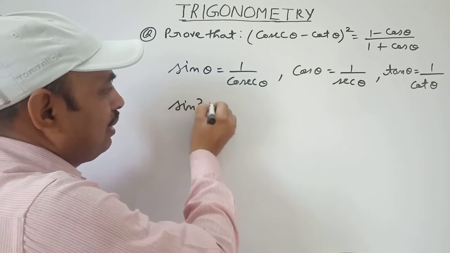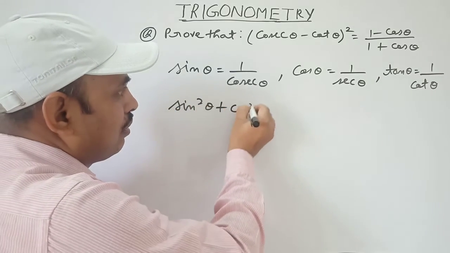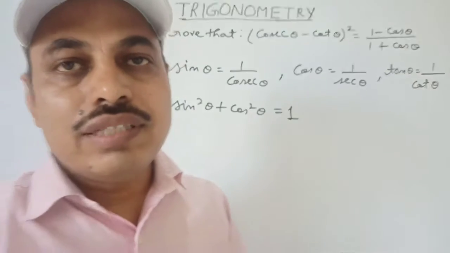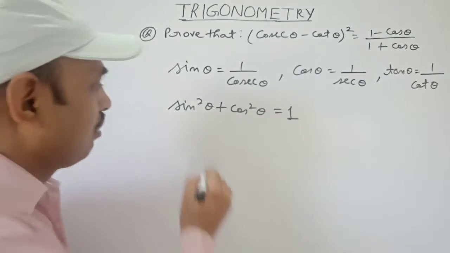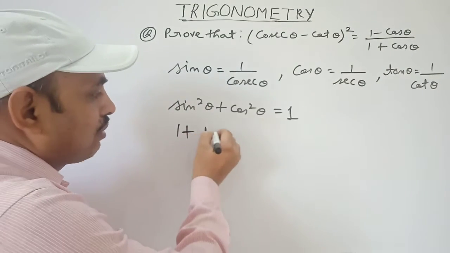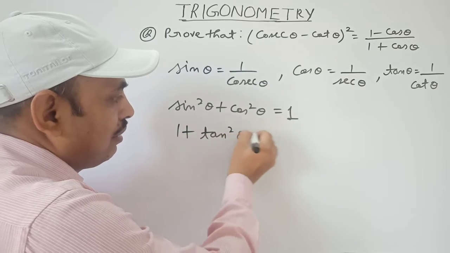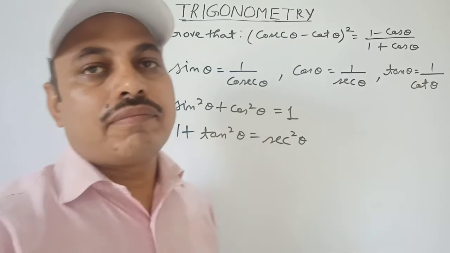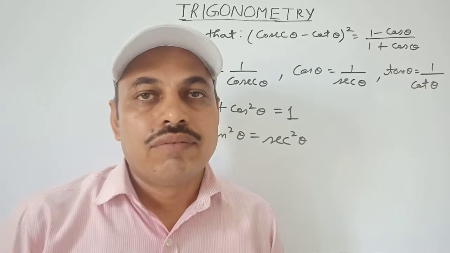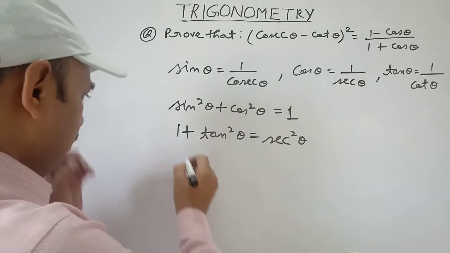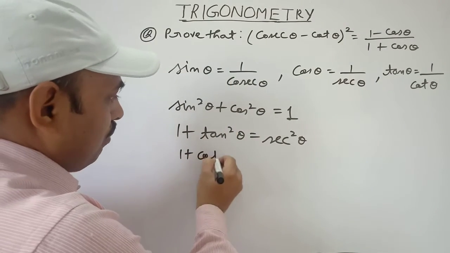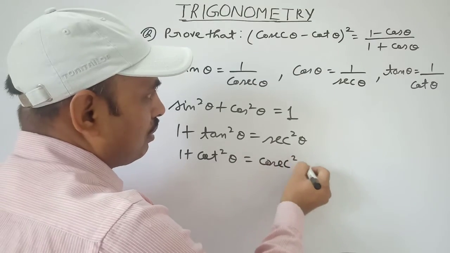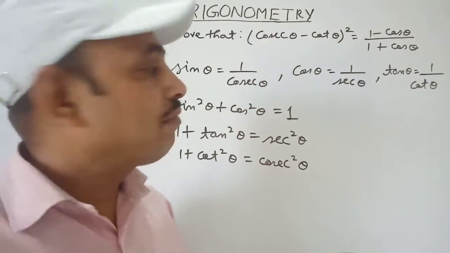Sin square theta plus cos square theta is 1. 1 plus tan square theta is sec square theta. 1 plus cot square theta equal to cosec square theta.